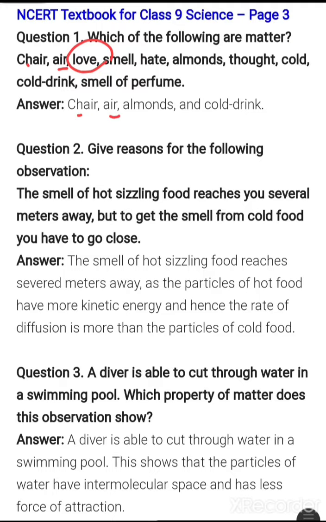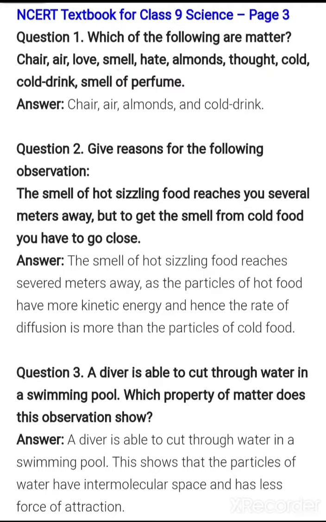Similarly, smell is also not a thing, so we cannot take it as matter. Similarly hate also, thought. All of these cannot be taken as matter because these are not things. Similarly smell of perfume.